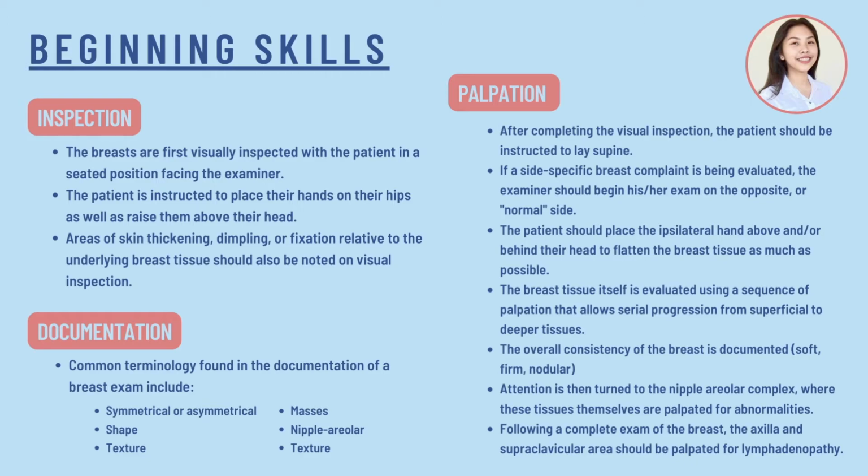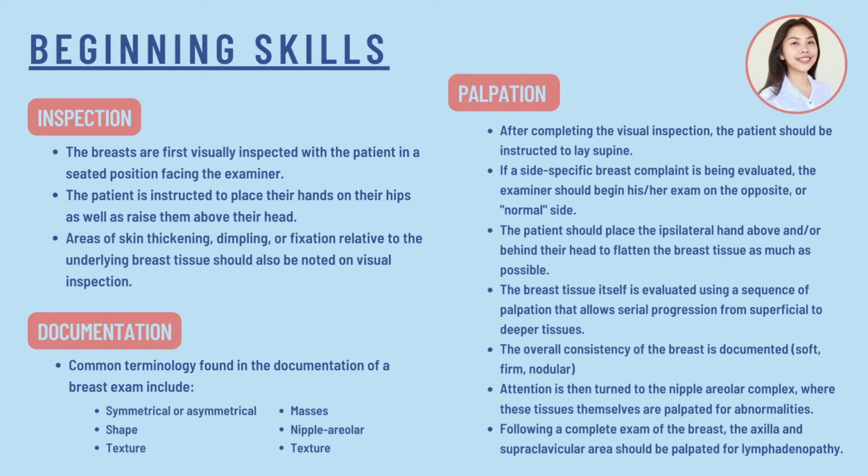The patient should place the ipsilateral hand above and or behind their head to flatten the breast tissue as much as possible. The breast tissue itself is evaluated using a sequence of palpation that allows serial progression from superficial to deeper tissues. The overall consistency of the breast is documented, whether it be soft, firm, or nodular.